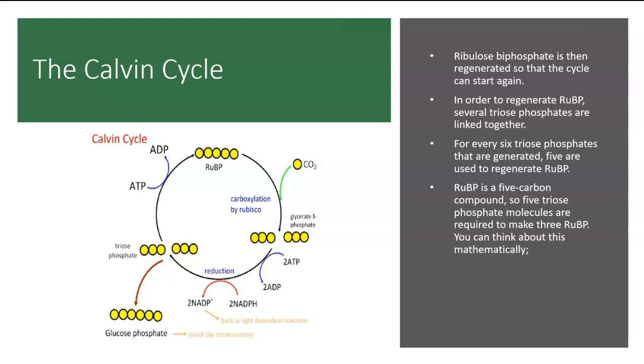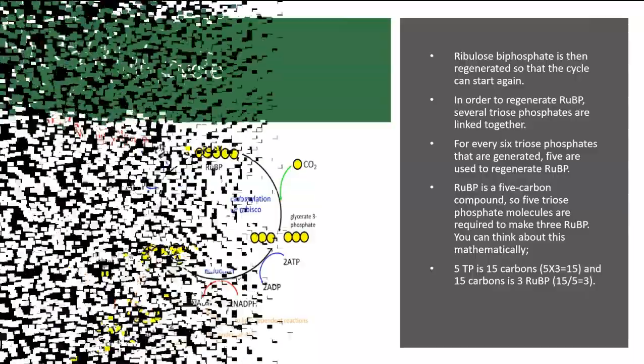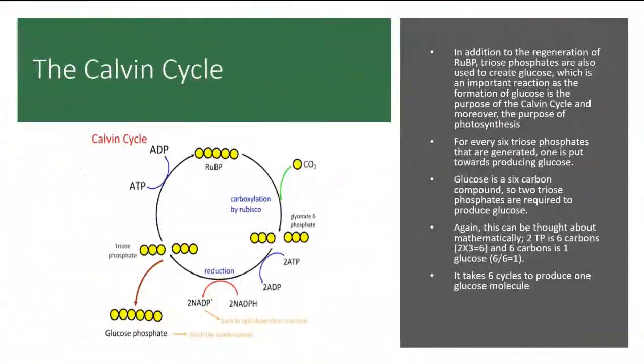You can think about this mathematically. 5 TP is 15 carbon, so 5 times 3 is 15, and 15 carbons is 3 RuBPs. 15 divided by 5 is 3. And finally, it takes 6 cycles to produce 1 glucose molecule.